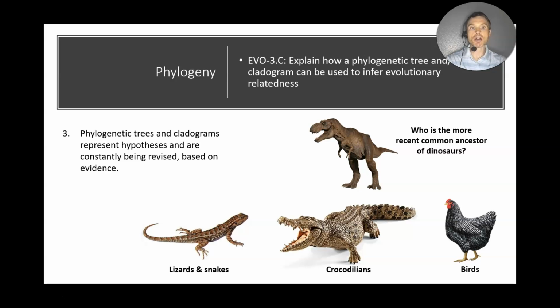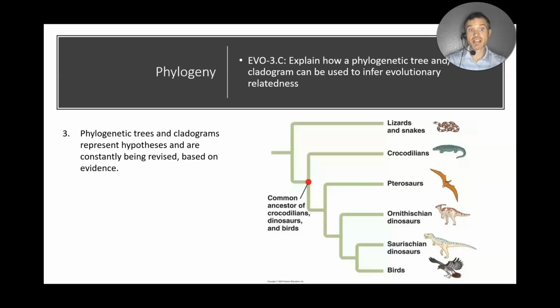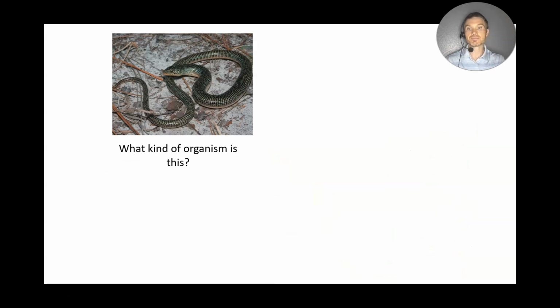Now, based upon what a dinosaur looks like, a lot of us would probably assume that it's either a lizard or a crocodilian. However, what scientists now know is that in fact dinosaurs are more closely related to birds than they are to lizards or snakes or crocodilians. So be aware of that.